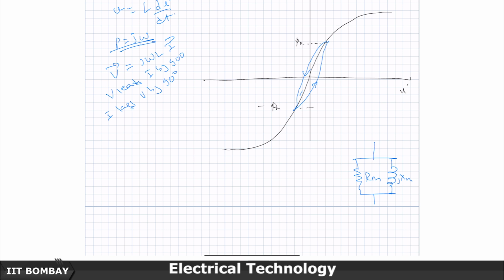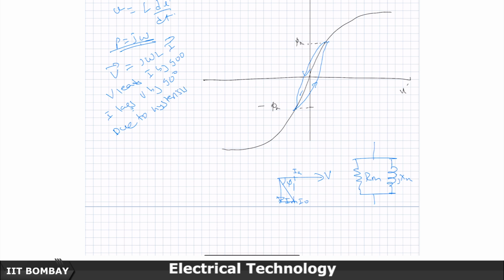So, if this is V, there has to be a component which lags, and there has to be a component which creates the loss part of it, and the phasor summation of these becomes the no load current.